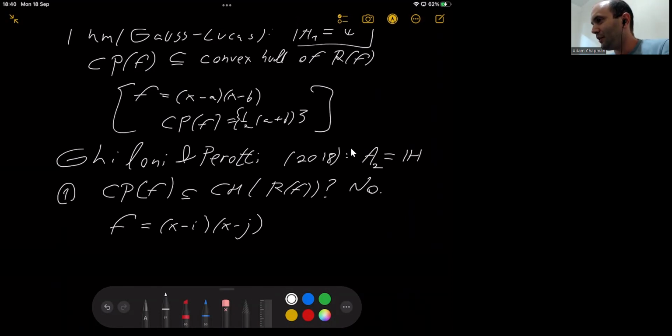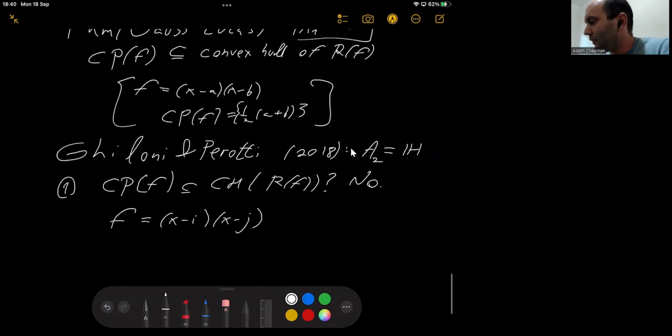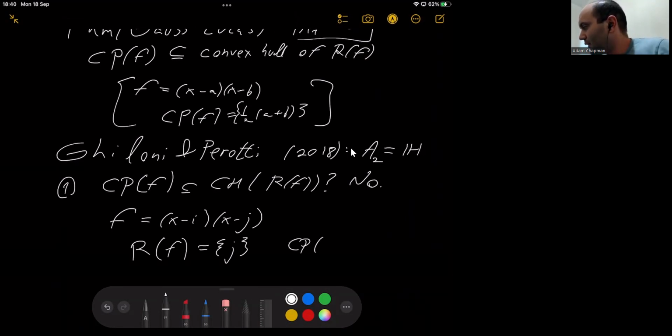It's quite a nice argument. Of course, you can also do it directly, but the set of roots of this polynomial contains j alone. So certainly, and if you compute the critical points here, then it's like in the previous example, you get 1/2 (i plus j). So certainly, it cannot live inside the convex hull of the original polynomial.